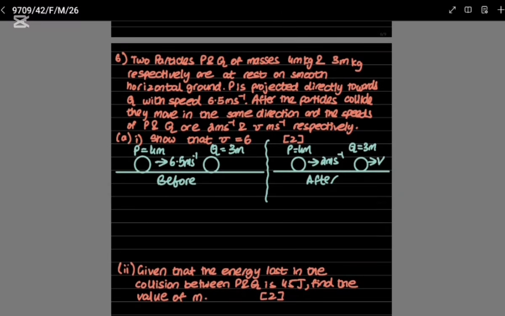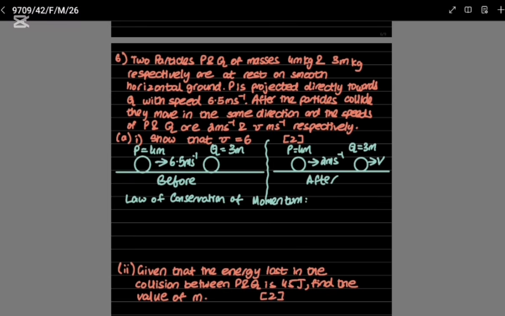So we have to use the law of conservation of momentum. No need to write this, by the way, in the exam, but it's just good so the examiner knows that you know the concepts.